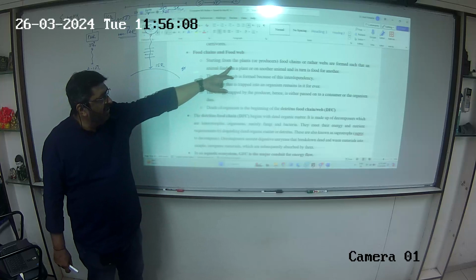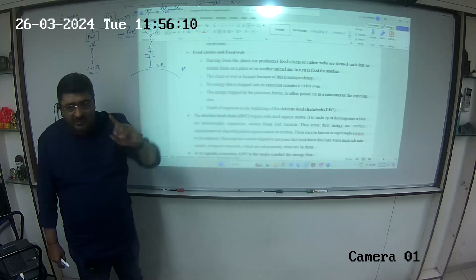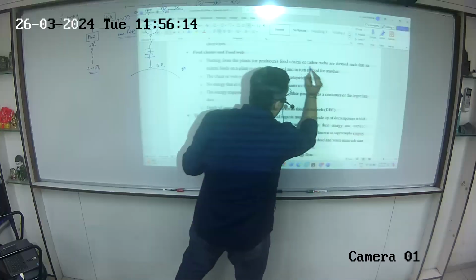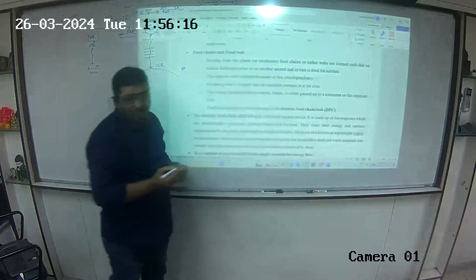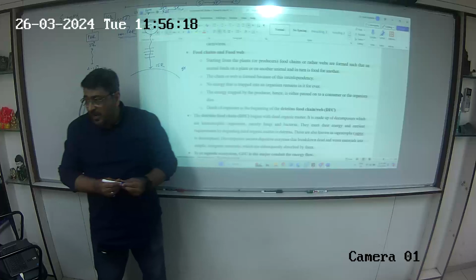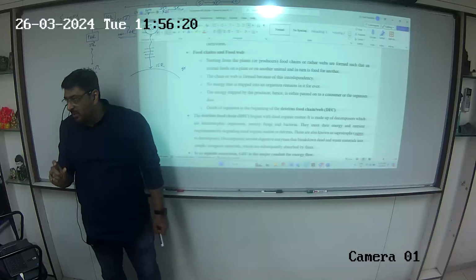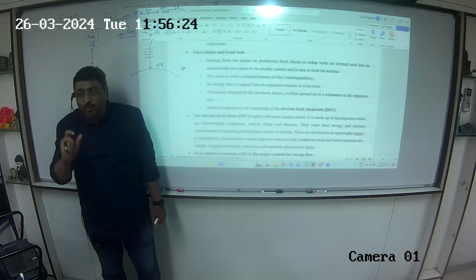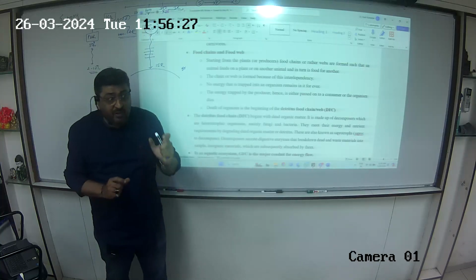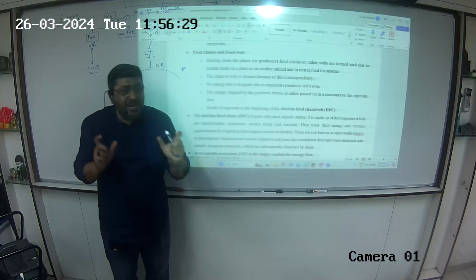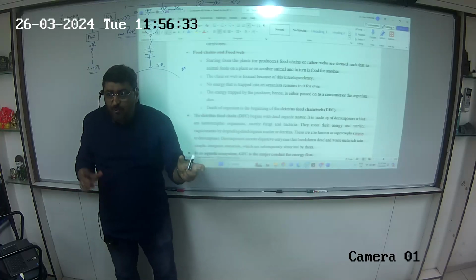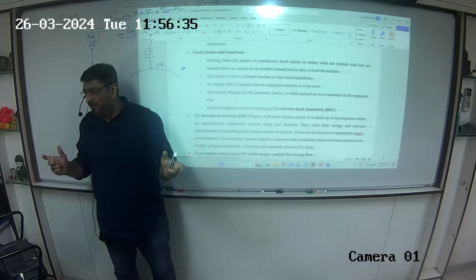Starting from plants, food chains. Now see, this is very interesting. Food chains, but they have chosen or rather webs. By this small addition, the NCERT is conveying something very important to us: you should rather refer to a food web. In an ecosystem, food web is more real, food chain is theoretical.